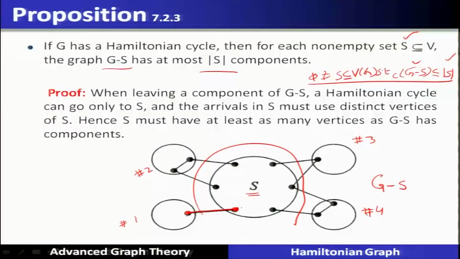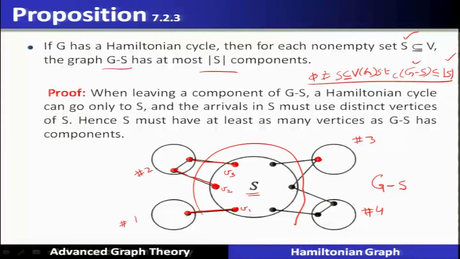vertex. Let us say this is V1. Another component, if it leaves this particular component number 2, it will arrive here on another distinct vertex. That means it is not arriving on V1, it will arrive on another distinct vertex V2. Similarly, when another vertex leaves its component, it will arrive on another distinct vertex.